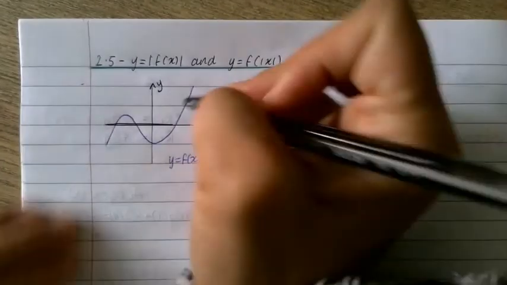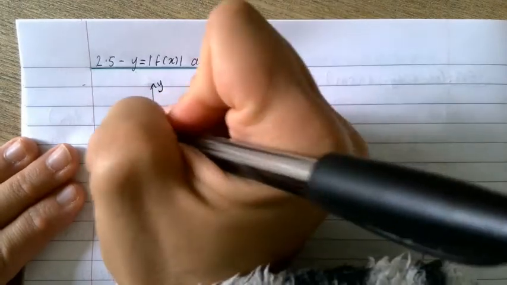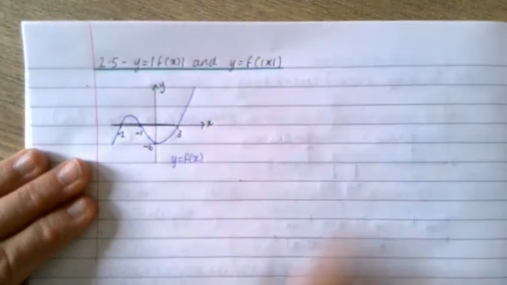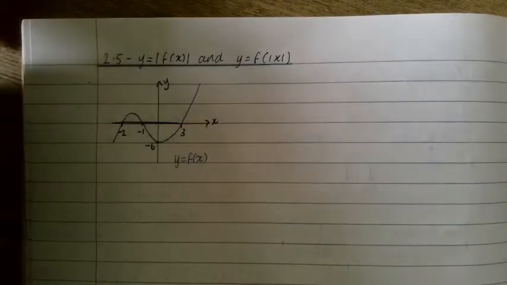I'm just going to label some points of intersection with the axes. So we're just going to write down the steps to draw these two different graphs.